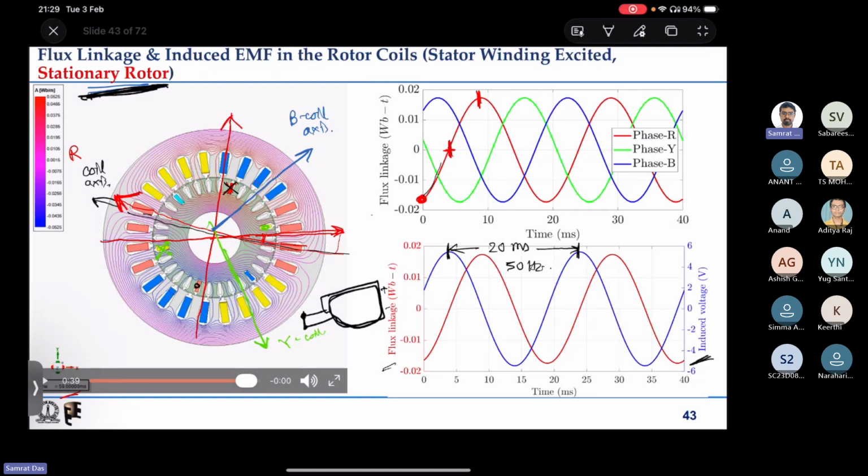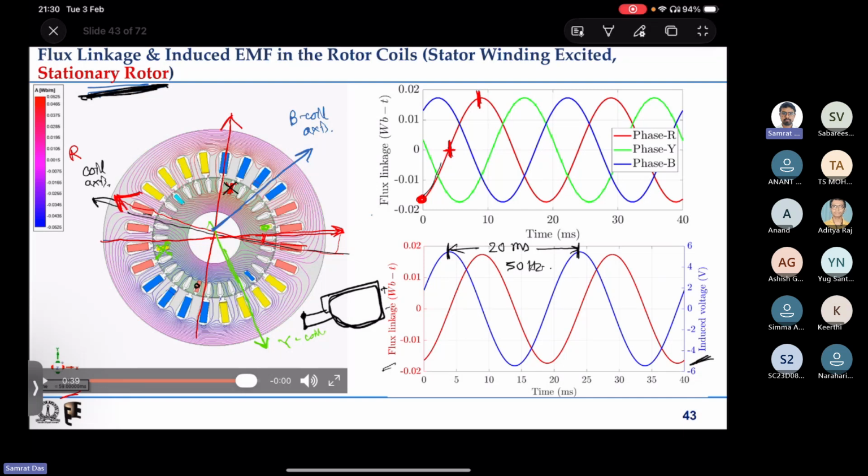The current frequency will be the same as the induced EMF frequency. Induced EMF frequency in this case is 50 hertz, so current frequency will also be 50 hertz. If rotor current frequency is 50 hertz, then the rotor magnetic field will rotate at 3000 rpm, and the stator magnetic field is already rotating at 3000 rpm, so there will be some continuous torque.